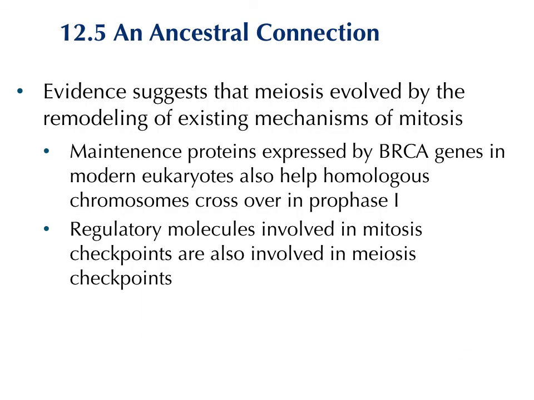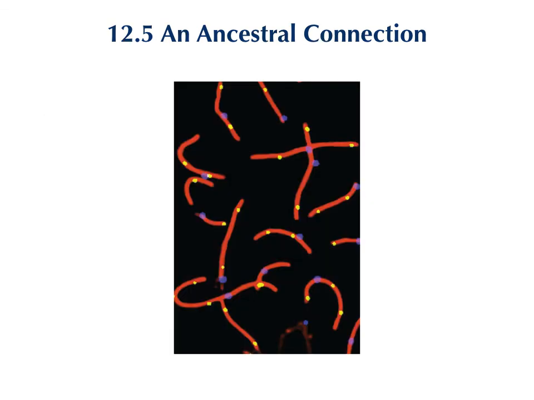The same mechanisms that operate during meiosis also operate during mitosis, and many of the same molecules function the same way in both processes. These similarities are evidence that meiosis evolved from mitosis by repurposing an existing molecular system. And here is the picture in your book, which is a fluorescent view of the location of a protein called MLH1.